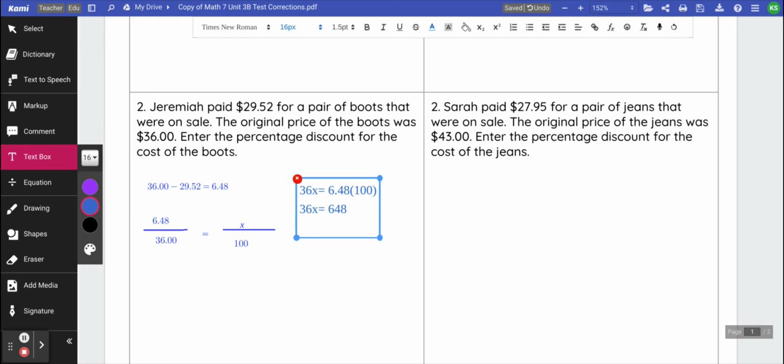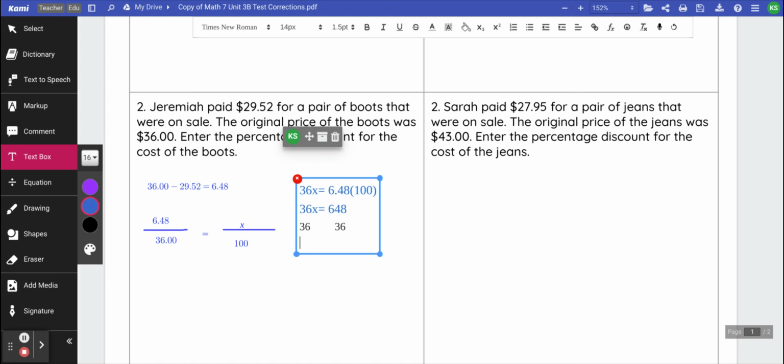The next step, I need to get the x by itself. So I'm going to divide both sides by 36. It's not letting me underline, so we're just going to leave it the way it is. We're going to divide this side by 36 also.